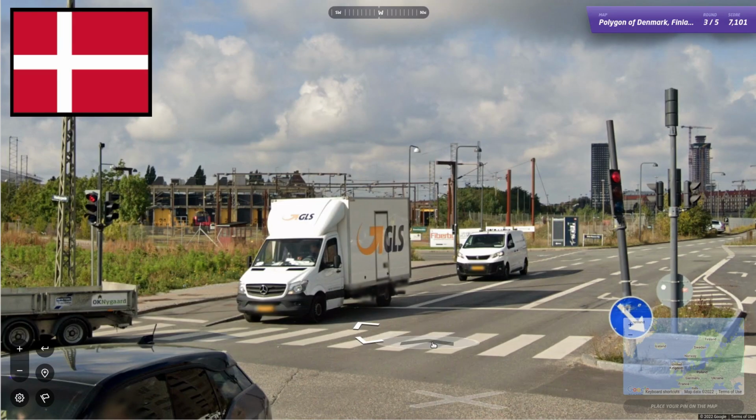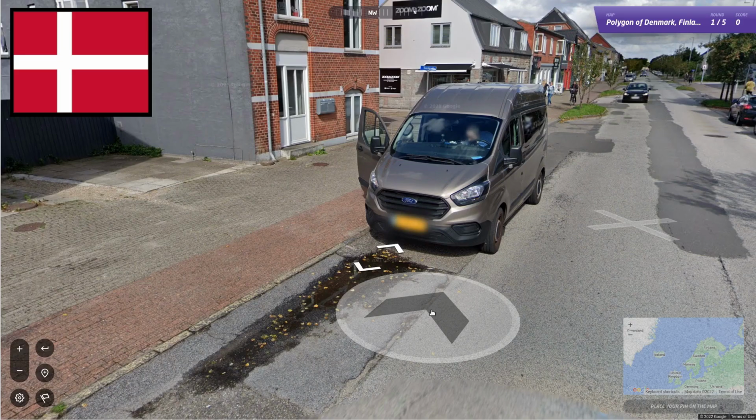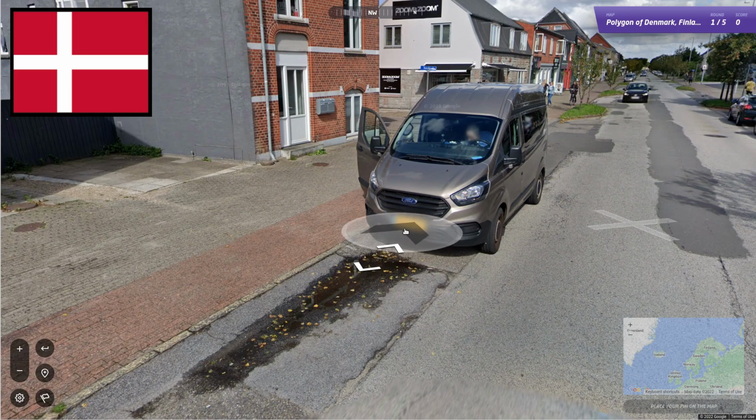And here we can see that we are in Denmark because this little lorry and this van have yellow plates. Yellow plates are also used in taxis in Sweden, but if you see a yellow plate on a van, it's a very clear hint that you are in Denmark.